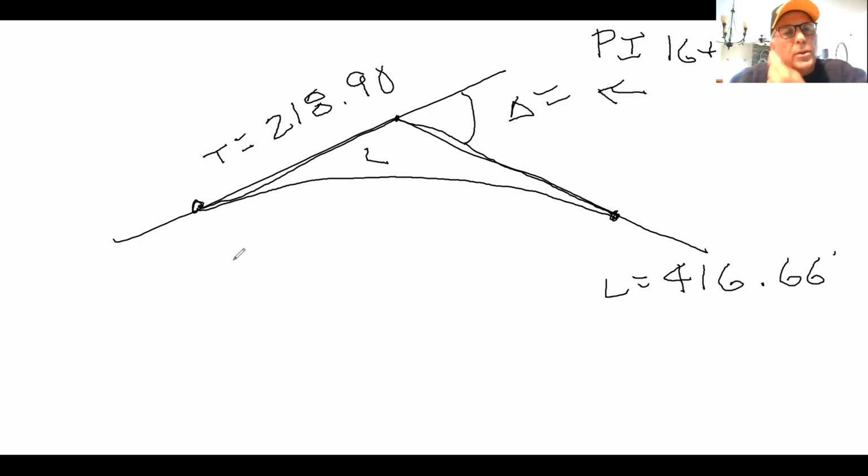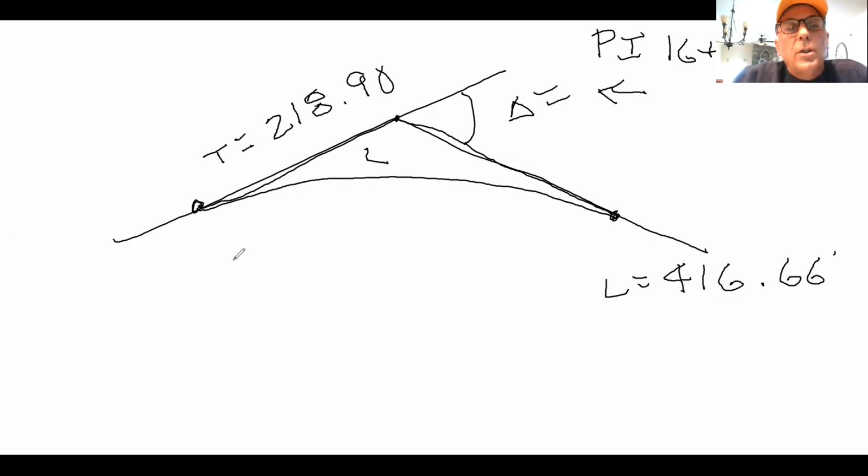As I told you, in the surveying business, the difficult part is always whether our computations are right. Well, if you look at our tangent length, which is 218 feet going back toward the beginning of the project, and 218 feet going ahead on the next tangent, you'll notice those two distances are 218 and 218 because it's an equal tangent curve.